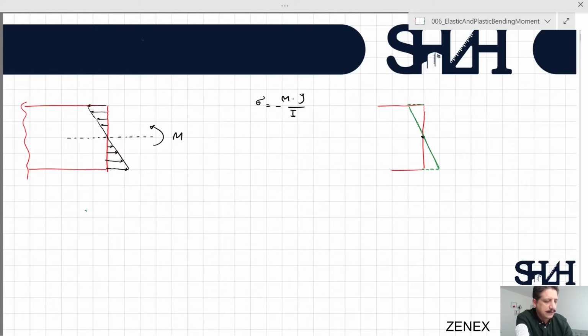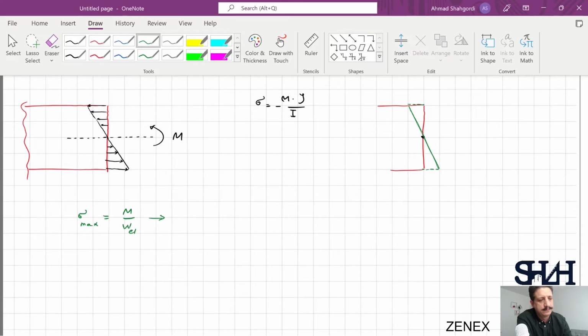So if we want to calculate the minimum value of moment at which at least one of the fibers in the cross section yields, we need to calculate for the maximum stress. As far as we know, sigma max is M divided by W. I write W elastic because we are in the elastic phase. If this value equals sigma y, then we have found the yielding bending moment.